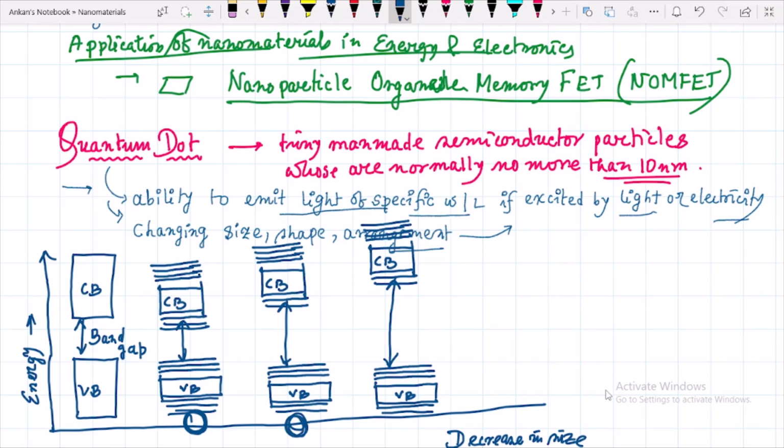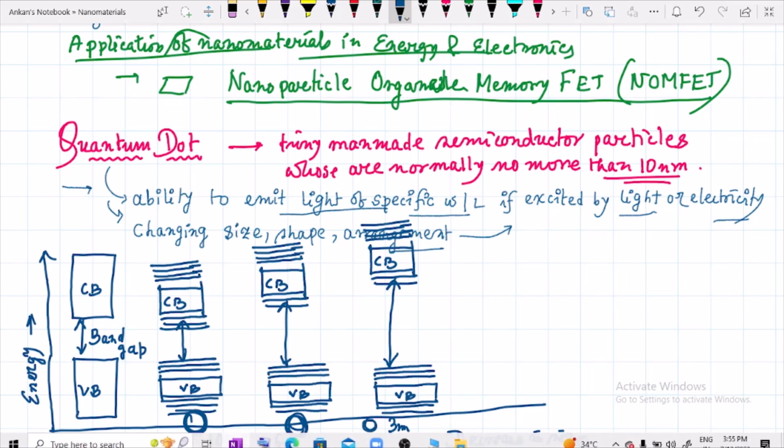Let us suppose the size decreases from 10 nanometer to 6 nanometer, and from 6 nanometer to 3 nanometer. So by decreasing the size, the band gap between the conduction band and valence band increases.